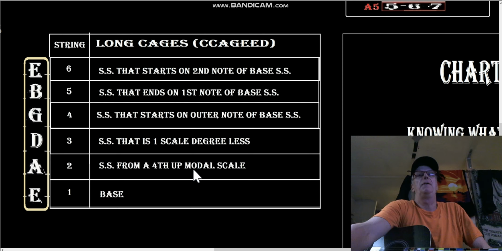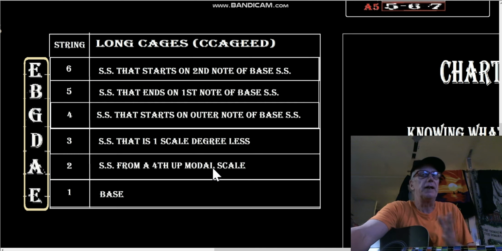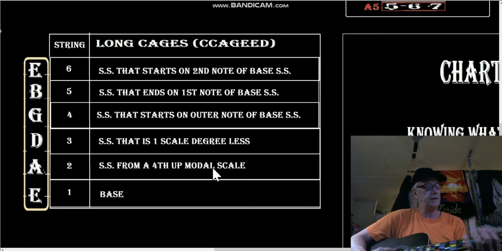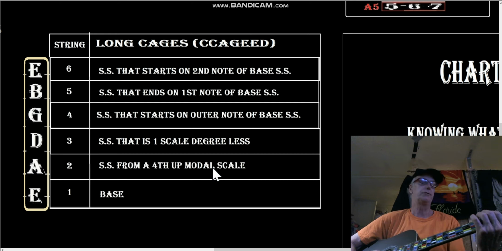Okay. I've improved that on the next chart. Okay, I actually improved this. But let's pay attention to this one because this is for the playaways. There's a better way to look at that, and it's a scalular modal scale 4th. So if you're at here, just count root 2, 3, 4, 5, 6.